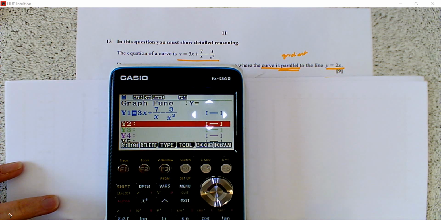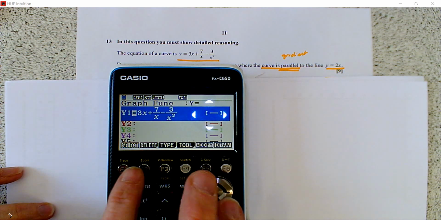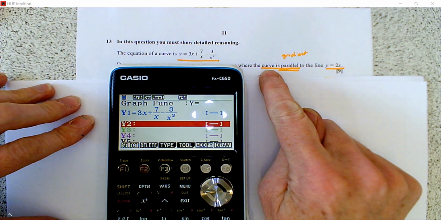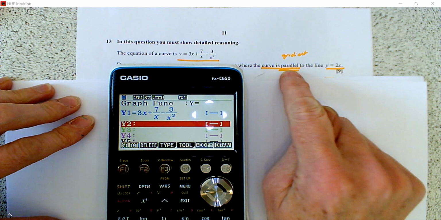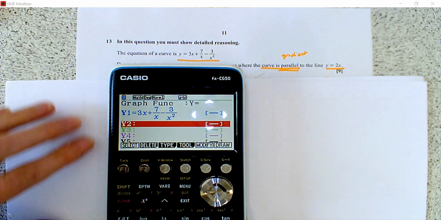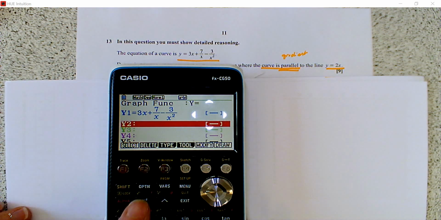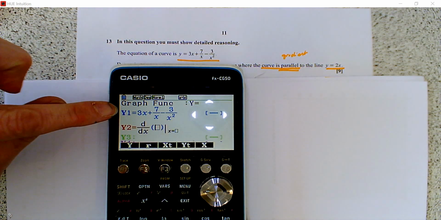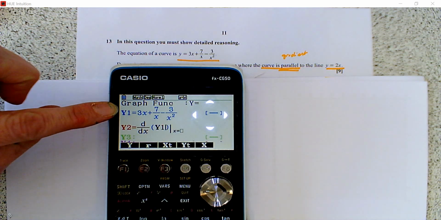So if I want to get my answer, I'm going to deselect that, so I'm not going to draw that graph. But I know if my curve is going to be parallel to this, then the gradient has got to equal the gradient of this. So the gradient of that is 2. I'm going to do options calculate, and I'm going to do dy by dx of this top one, so that's y1.